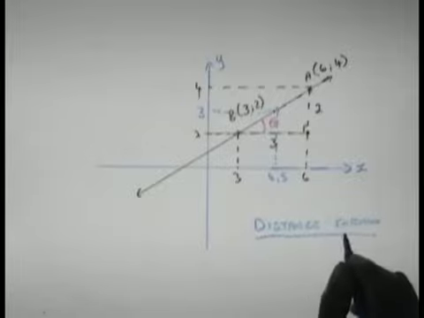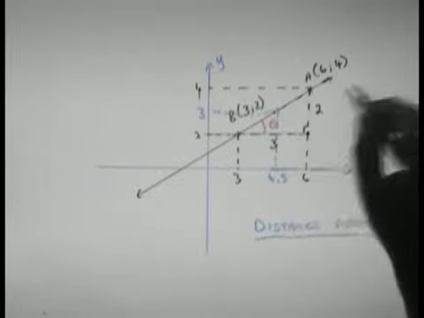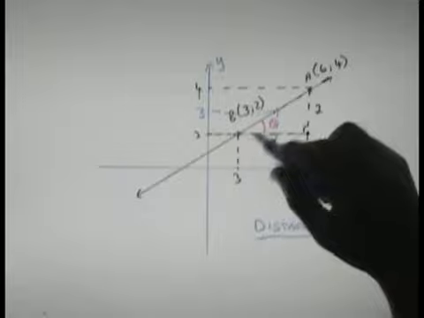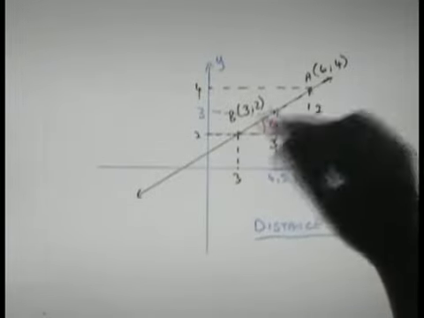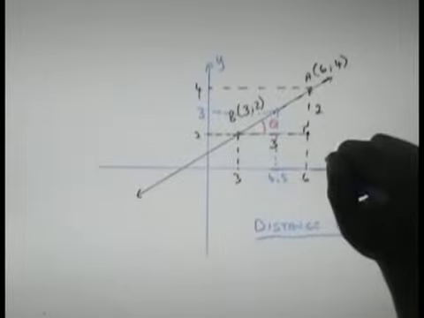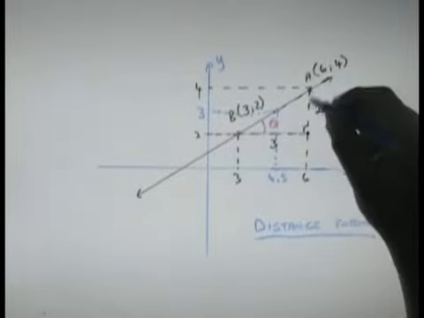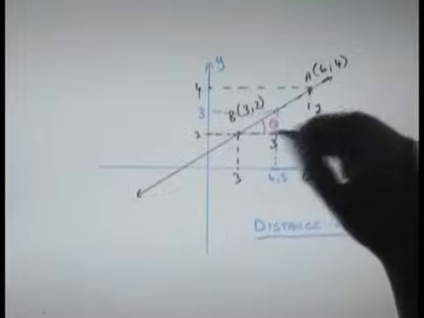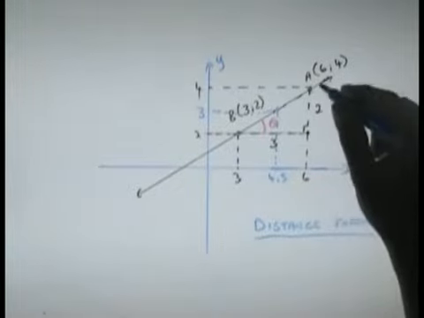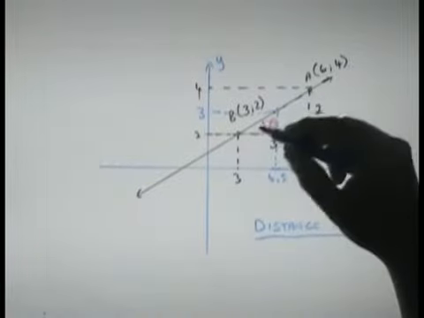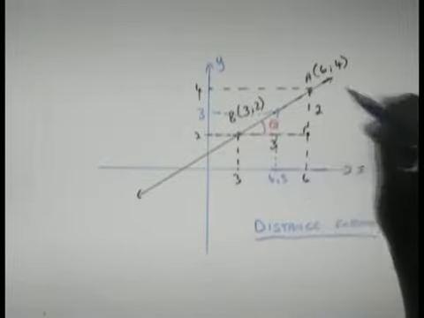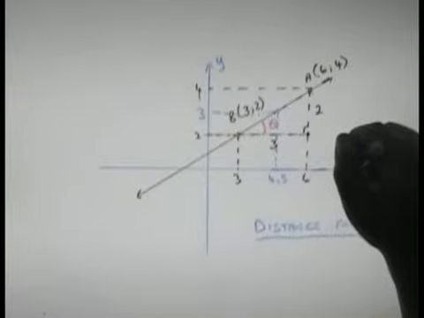Now with the distance formula, again I'm going to be using this graph that we've been using all along. I'm looking for the distance between A and B. The way I'm going to do that, well, let's look at this very carefully. Is this not a right-angled triangle? Yes? Now, according to the right-angled triangle, isn't AB the hypotenuse?